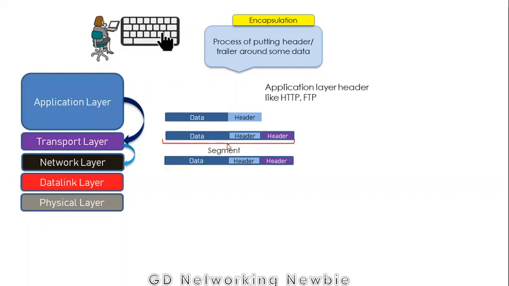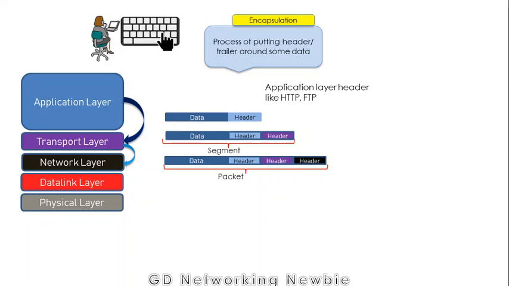The network layer receives that complete segment and adds a header on top of that. I hope you can see that the black color shows the header added by the network layer. At the network layer, this complete information, data as well as header, is known as a packet.